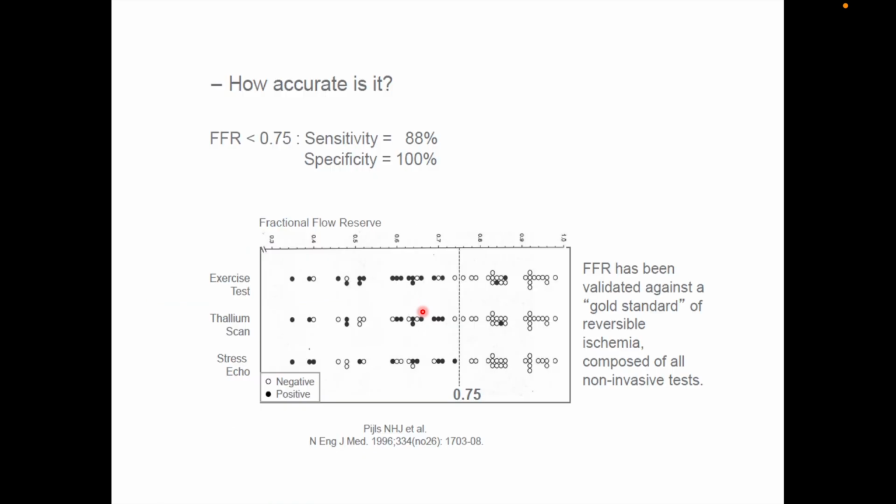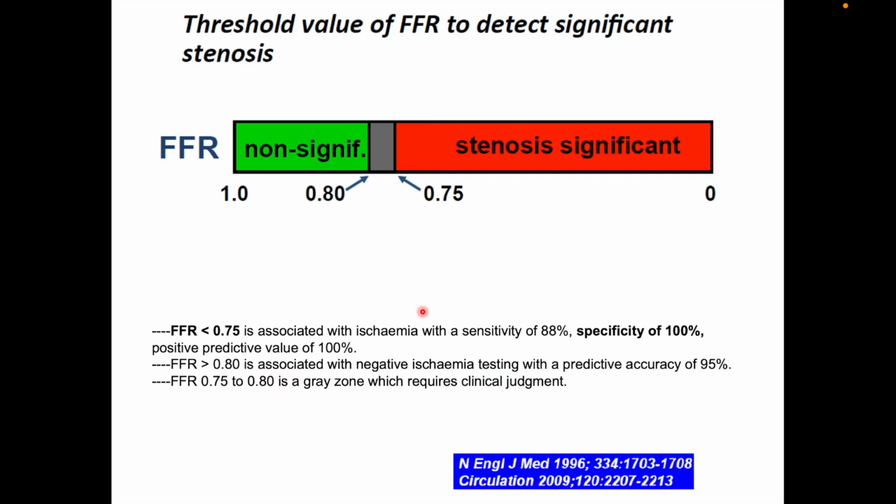How accurate is it? When you use a value of 0.75 or less for FFR, the sensitivity is 88%, but specificity is 100%. And this value has been validated against a gold standard of reversible ischemia composed of all non-invasive tests, including exercise tolerance test, thallium scan, stress echo, against all of these.